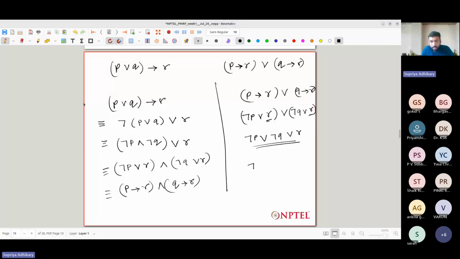Now we can simplify this as the negation of this. So this is nothing but P. Okay. So these are not actually equivalent.